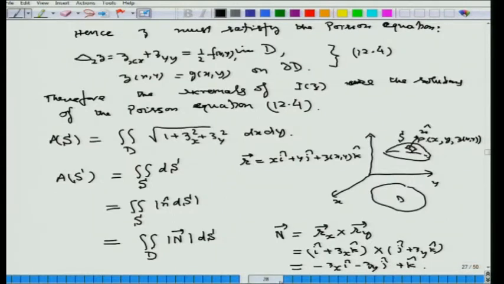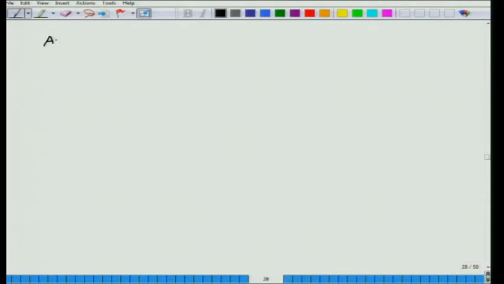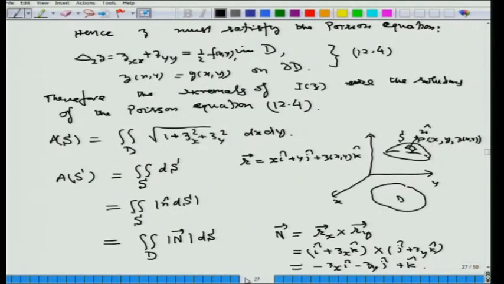And so this A of S, area of S, which is the double integral over D now of this absolute value of n, now dS is now dx dy.